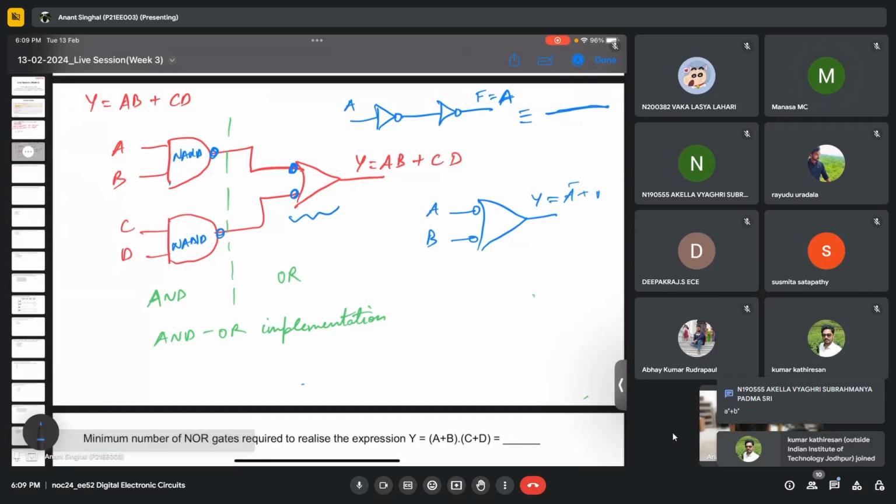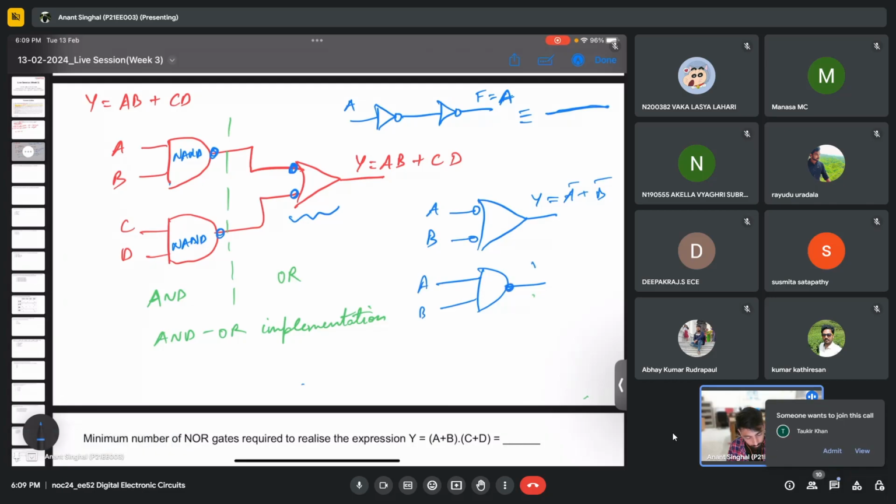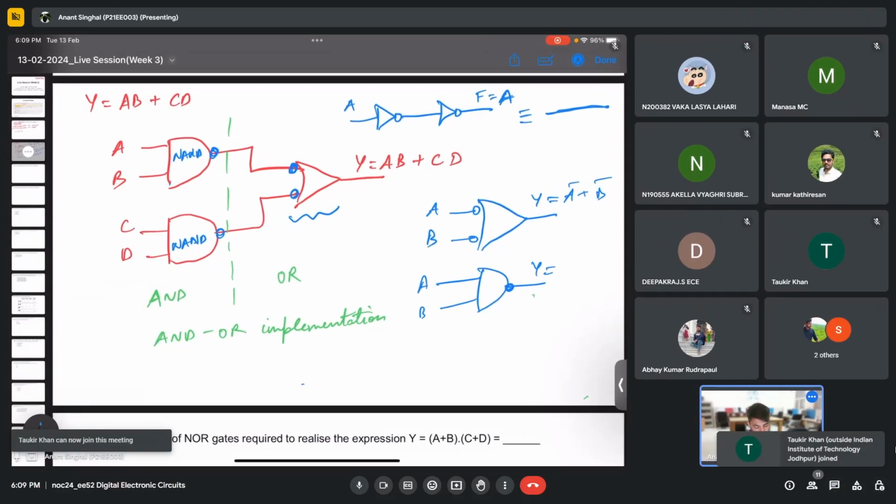And if I make a NAND circuit, basic, which has A and B as inputs, and we have a NAND gate, so what will be Y here?